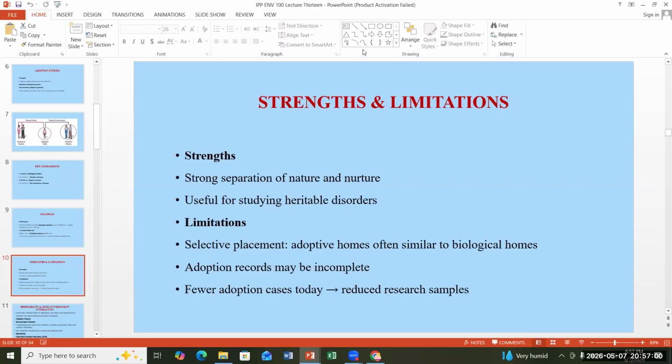So what is the limitation of this study? Why do they appear to be more similar? Because they belong to the same bloodline. This is the first limitation.